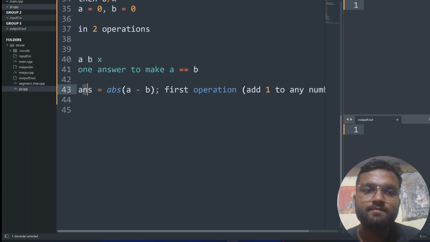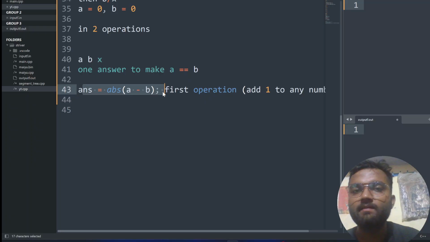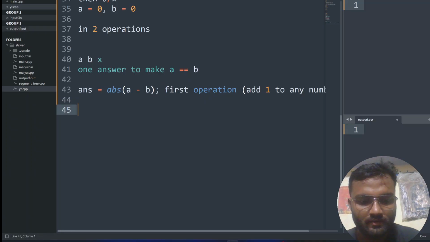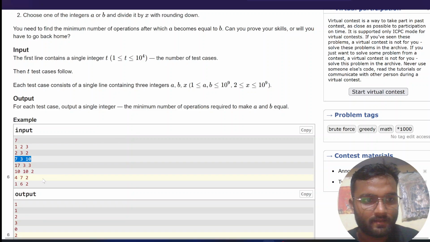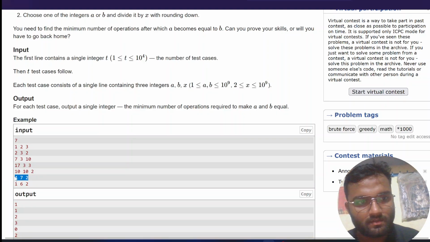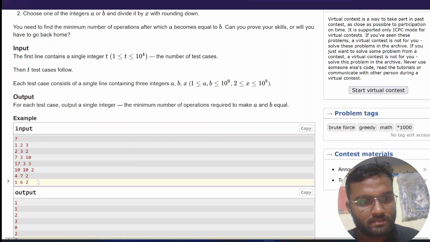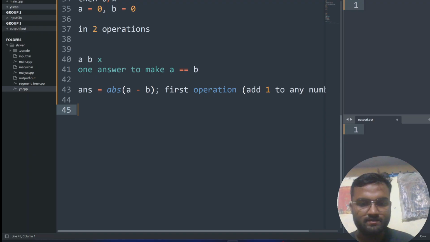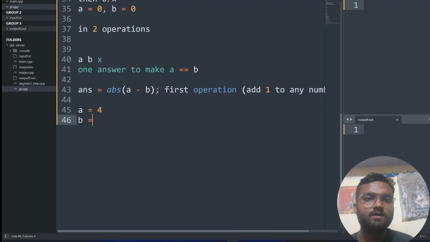This is an upper bound: the minimum will always be less than this, and that can be achieved only if we divide the numbers. Let's take an example. Suppose a is 4, b is 7 and x is 2.